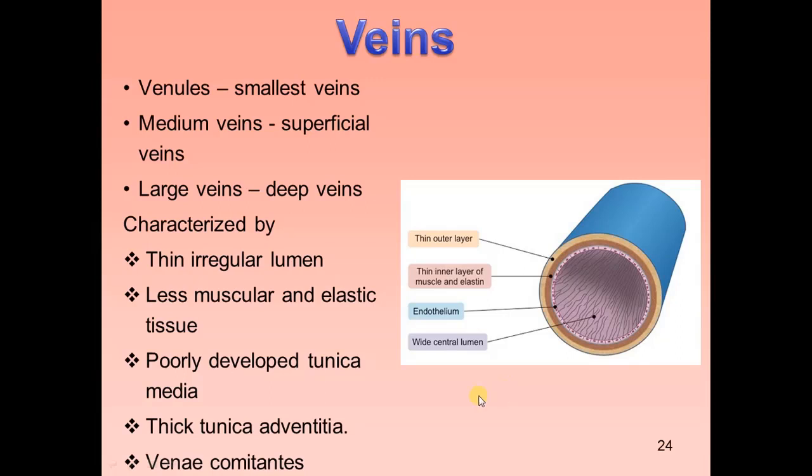Venae comitantes are a pair of veins traveling along with the arteries. They travel along with the arteries because the arterial pulsations are utilized by these venae comitantes for effective venous return, and as I told you, venae comitantes are most commonly seen in the limbs.